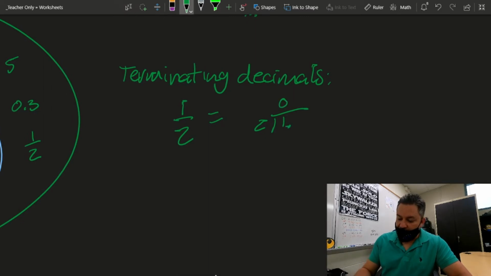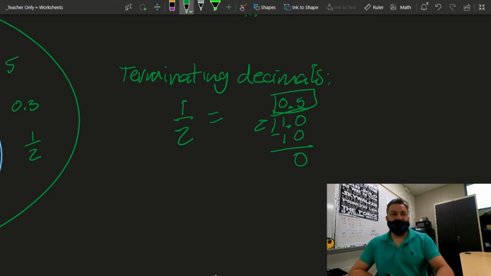So you add a decimal and add a 0, bring the decimal up, and 2 goes into 10 5 times. 5 times 2 is 10, and when you subtract, you get 0. So this right here is an example of a terminating decimal.